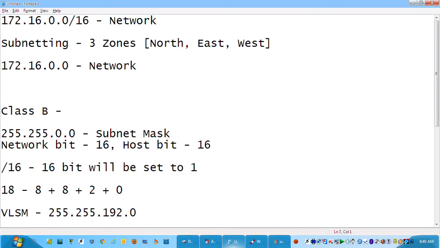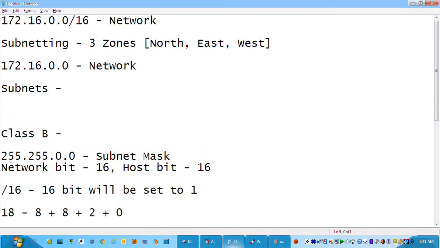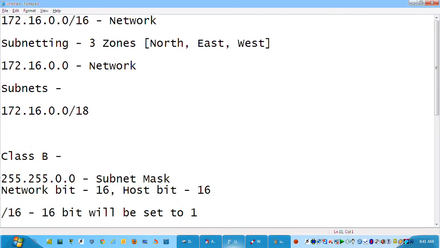To calculate subnets, I have to consider this particular network. In this network, I will be getting 4 subnets of /18.